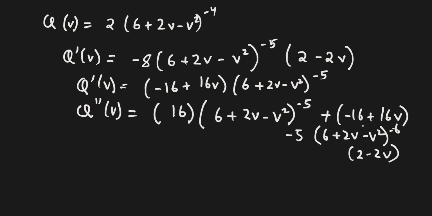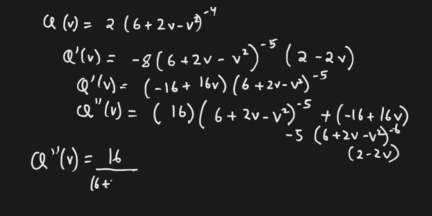And I'm kind of running out of space here, but you'll see the answer much nicer when I rewrite it. So let's rewrite it. Q double prime of v. This is kind of a messy problem, but let's rewrite it.